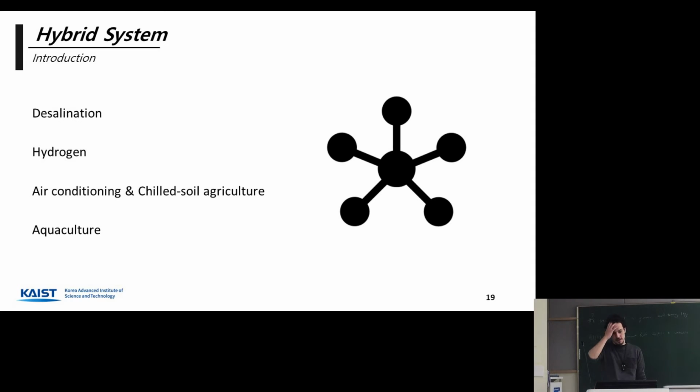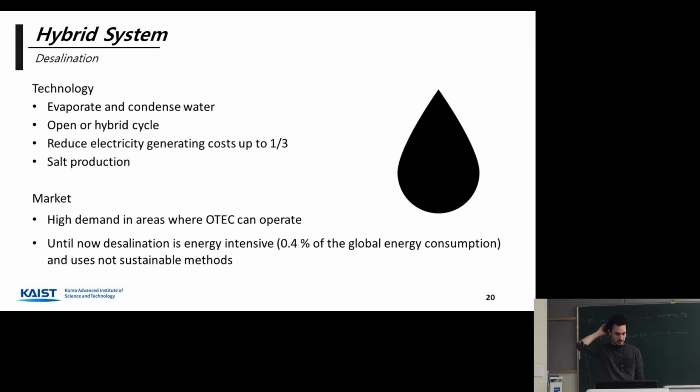So first one, desalination. Really easy. We need to evaporate seawater and condense it later. So that's the working principle. And in order to achieve this in OTEC, we need an open cycle, which means taking the water directly as working fluid, evaporating the water directly and not using a working fluid.